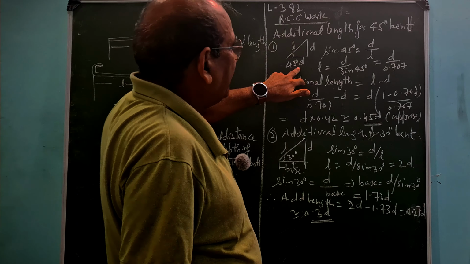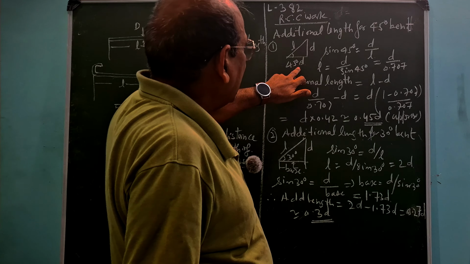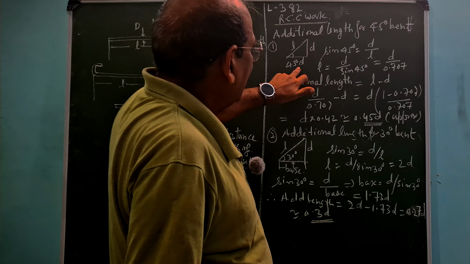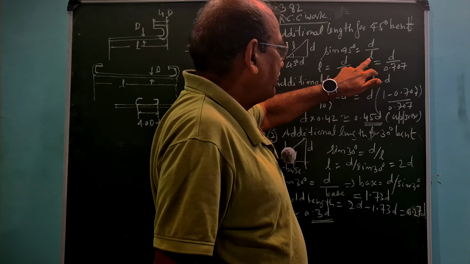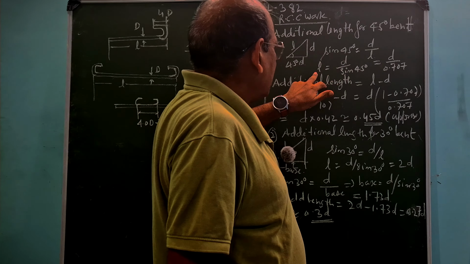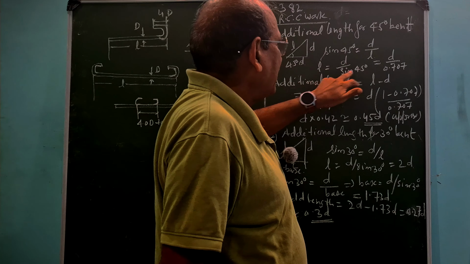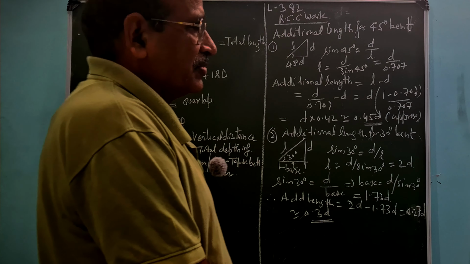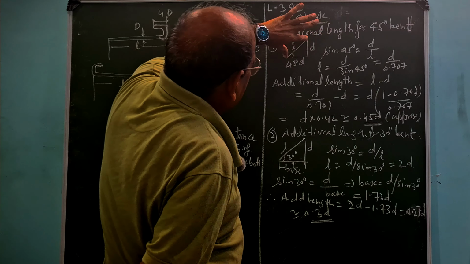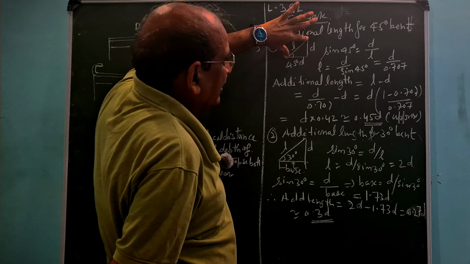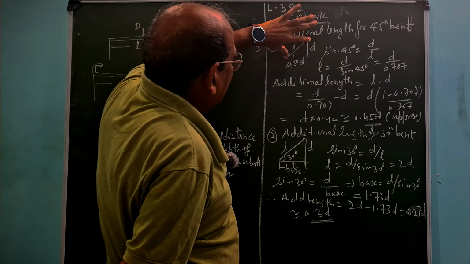If it is bent at 45 degrees, the additional length can be calculated: sin 45 equals D upon L, the hypotenuse. So the hypotenuse L equals D upon sin 45. This length is the actual length.